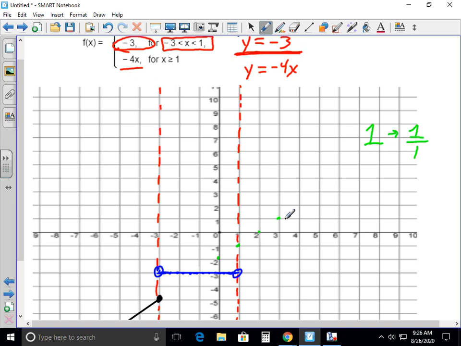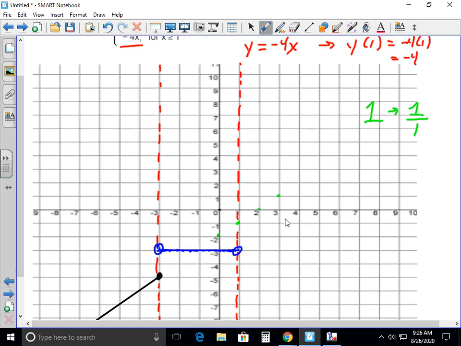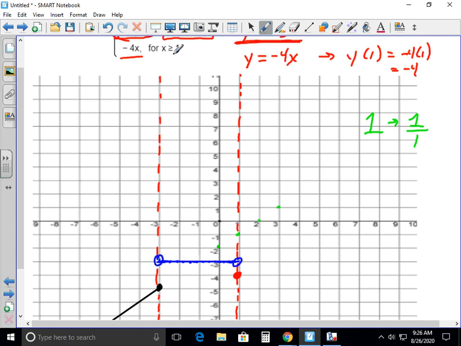So let's start at 1. If we take that formula and we put a 1 in for x, when x is 1, we get -4. So 1, -4, and there is a point there because an x value of 1 is included in that part of the graph.